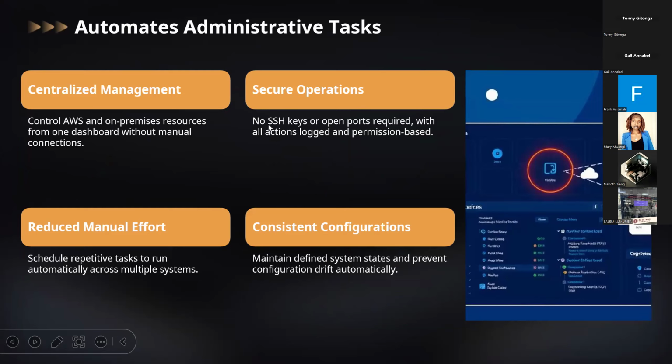Security, as I said: no SSH or open ports required, with all actions logged and permission-based. It also reduces manual effort since there's automation. It schedules repeated tasks to run automatically across multiple systems. Consistent configurations mean it maintains defined system states and prevents configuration drift automatically.